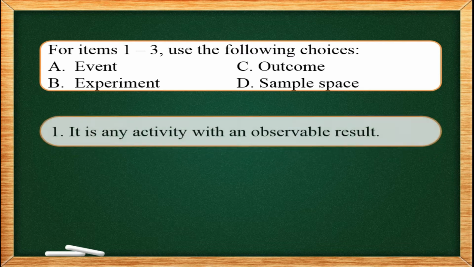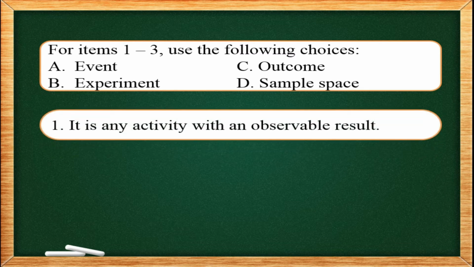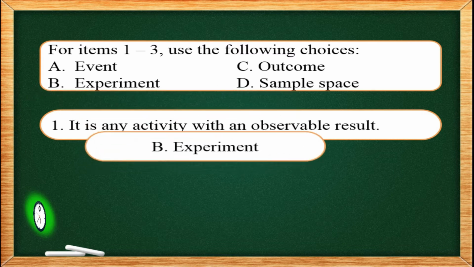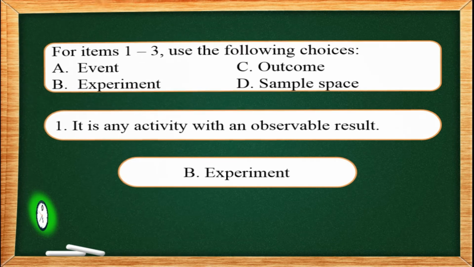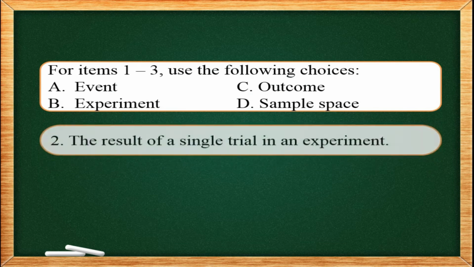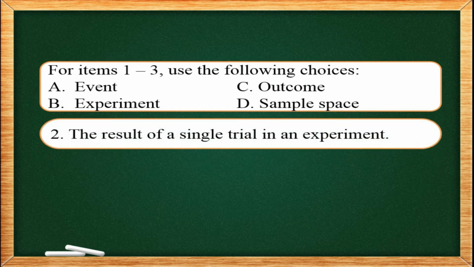Number 1. It is any activity with an observable result. The answer is experiment. Number 2. The result of a single trial in an experiment.